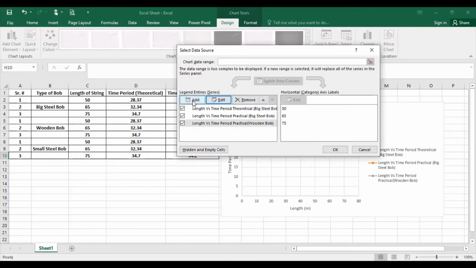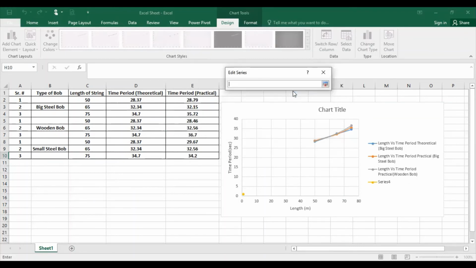Then I'm going to add another length versus time period, and its analytical value, practical result. In brackets I am writing wooden, practical result of a small steel bob.